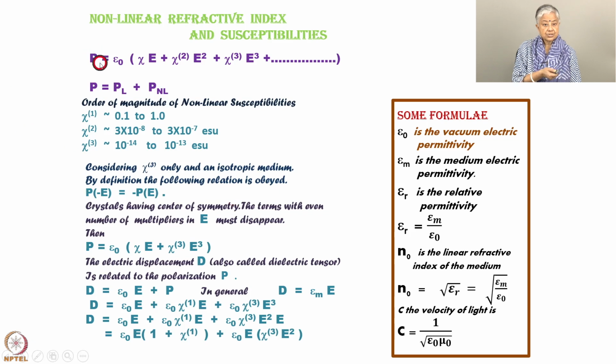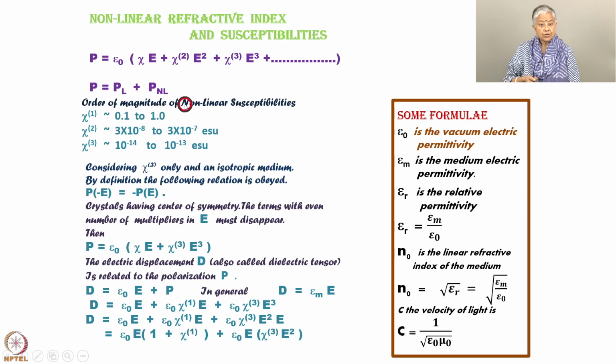This is the polarization, and it is dependent on E, the electric field of the laser beam, then E square, and the third order nonlinearity comes as E cube, and it goes on. So, each time you have to see what the values of chi 2 and chi 3 are.